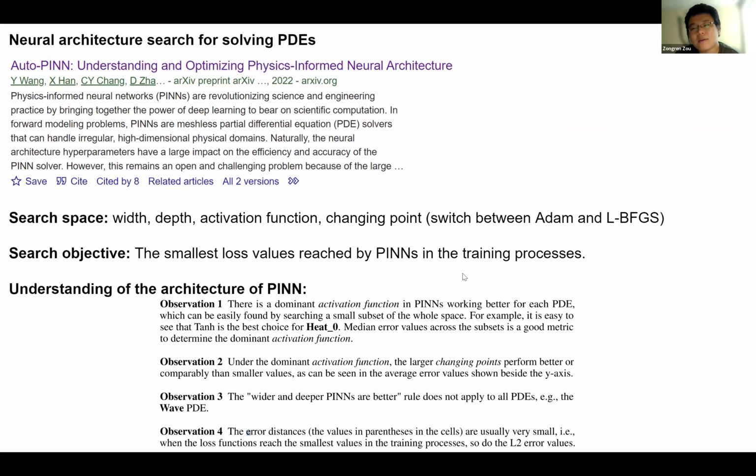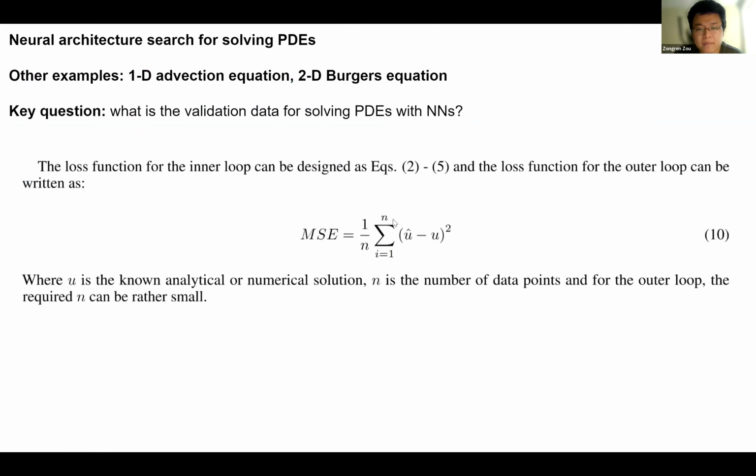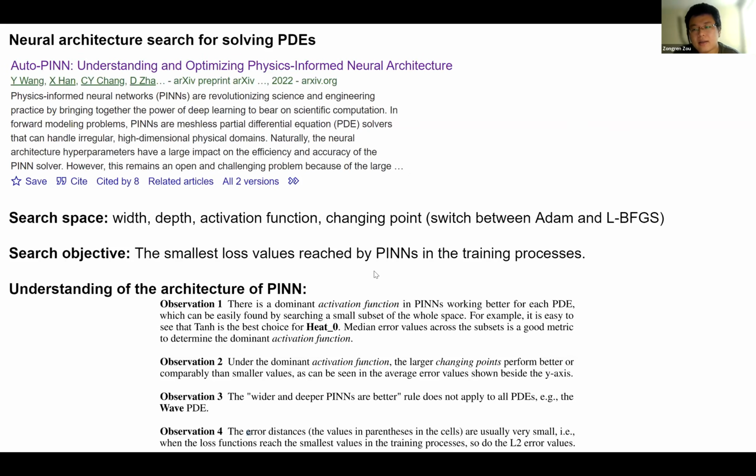So here you can see that the validation is no longer on the solution. The solution to the PDE is unknown during the training process, and instead they focus on the training loss. They want to find the architecture that reaches the lowest training loss.